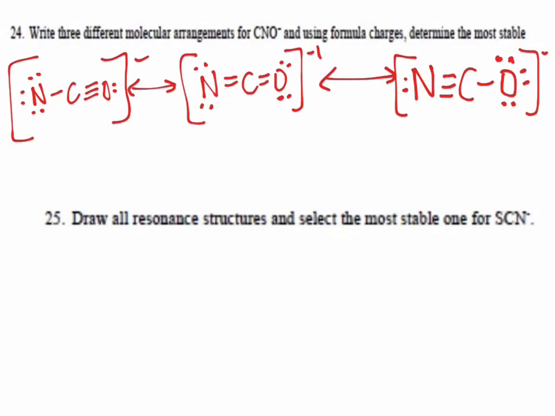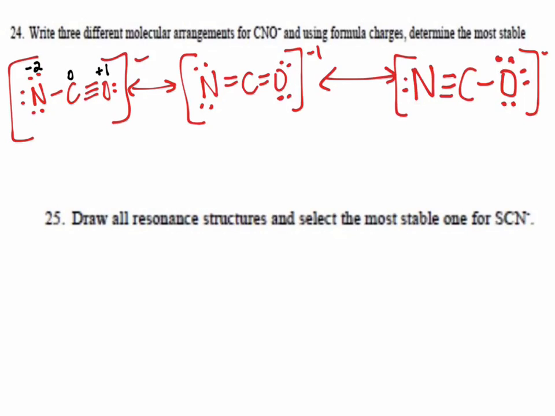Okay, so these are 3 structures. We want to know which one is the most favored. So the next thing we're going to do is assign each one a formal charge. So N, if we look at the first atom, has a formal charge of what? -2. Carbon has a 0, and oxygen has a 6 minus 5, +1. All right.